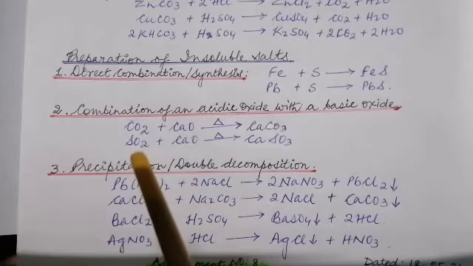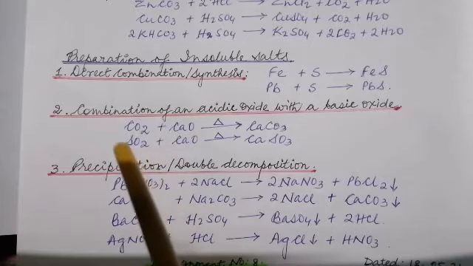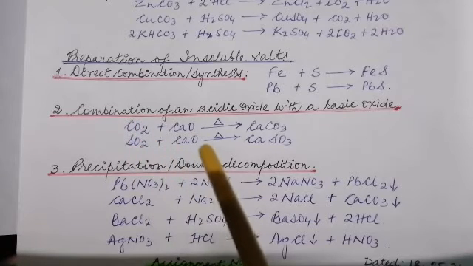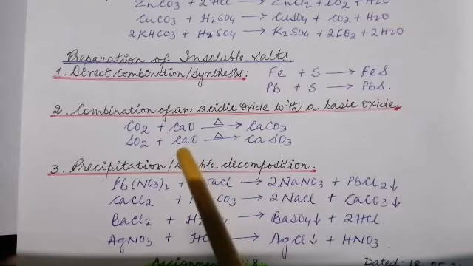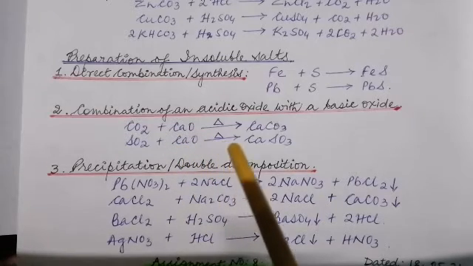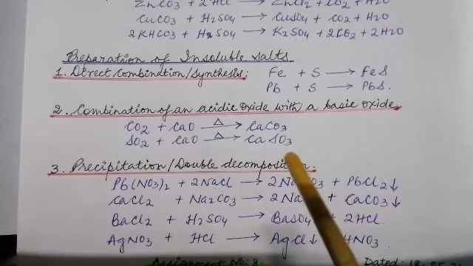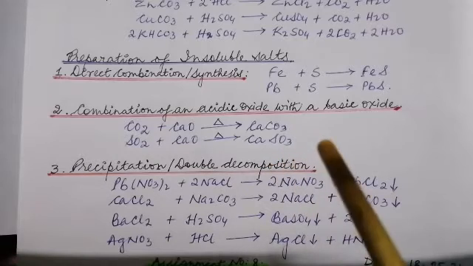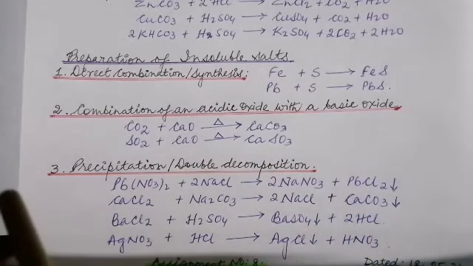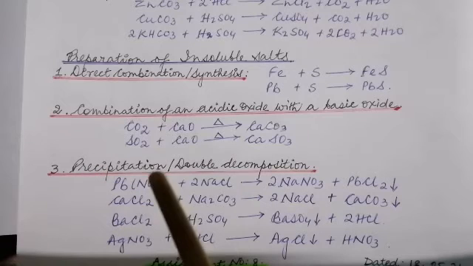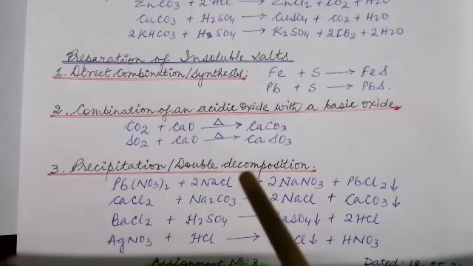Similarly, sulfur dioxide is an acidic oxide. It reacts with the basic oxide, that is calcium oxide. On heating, it gives you calcium sulfite, CaSO3. And the third method is precipitation or double decomposition.